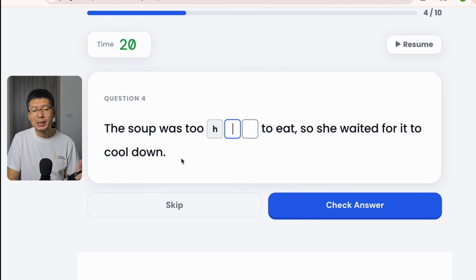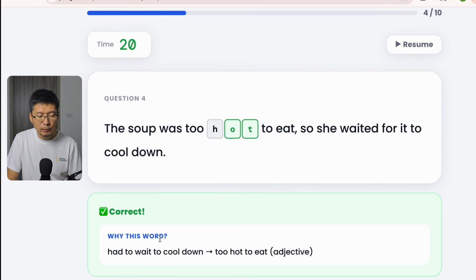Now you have 3 seconds to think about the answer. Okay, so the answer is hot. Let's check. She had to wait to cool down, so it means the soup was too hot to eat. Okay, it's an adjective. Okay, next one.